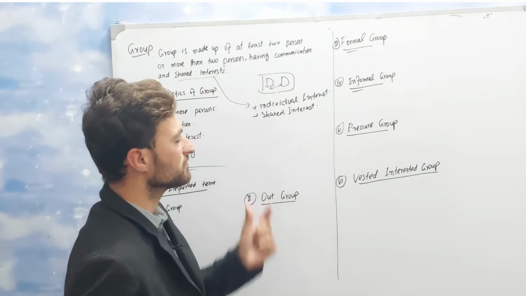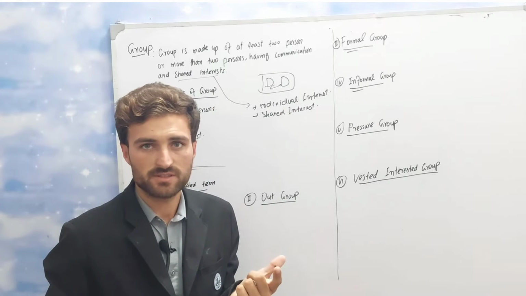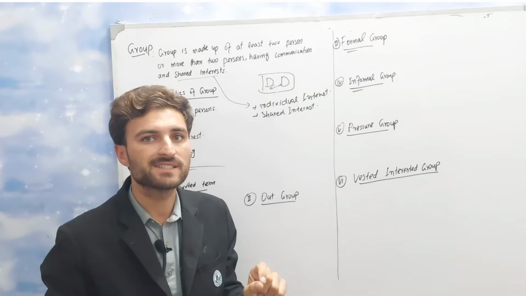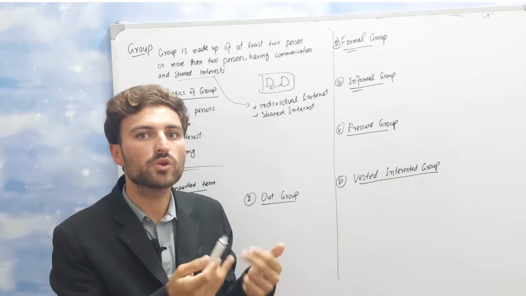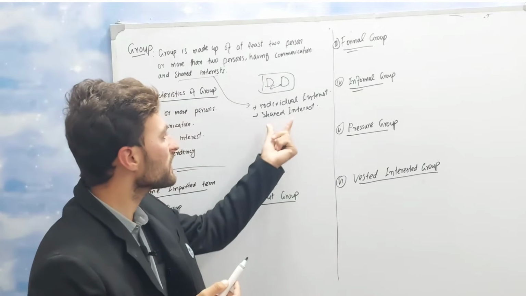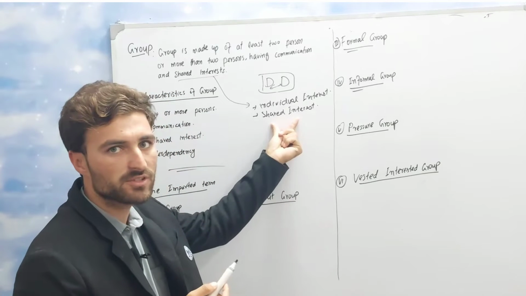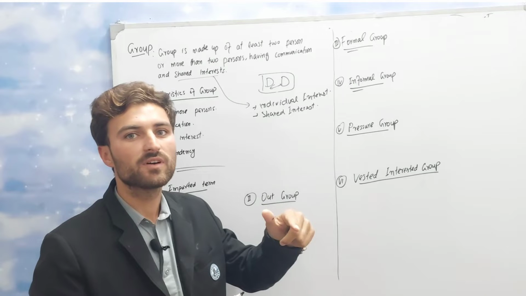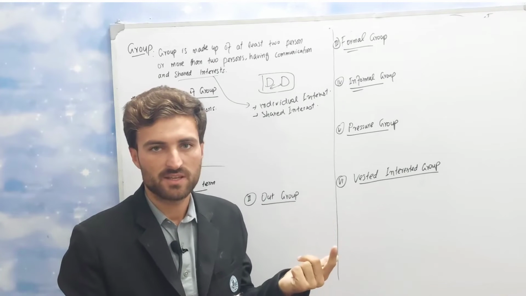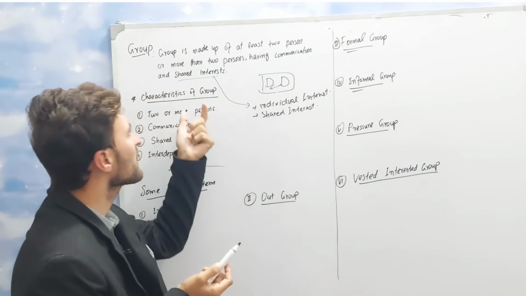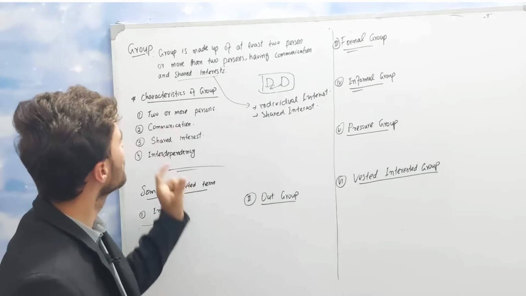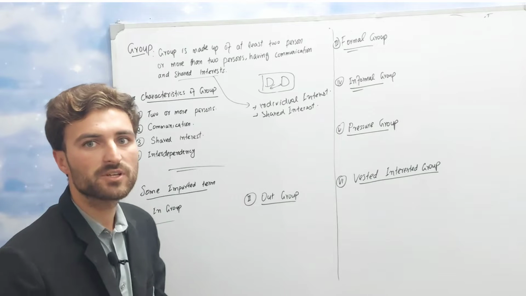Individual interest is the kind of interest in which the person is interested individually, which is better for only one person. And shared interest is the kind of interest in which the whole group is interested and which is better for all the group. So they will have shared interest. I hope the definition is clear.